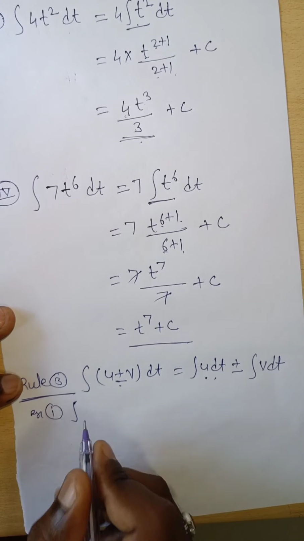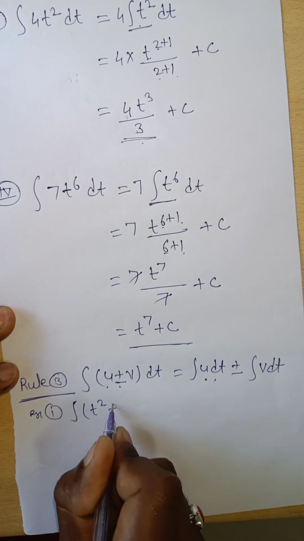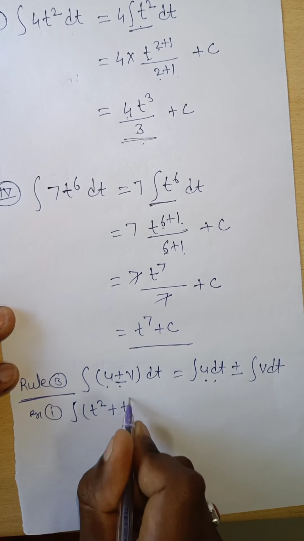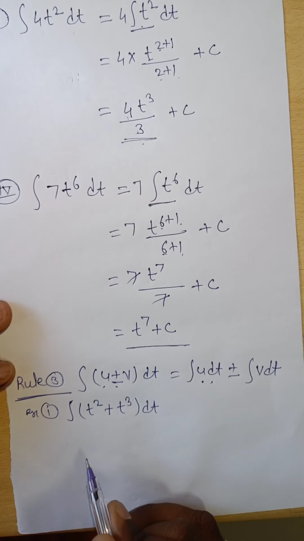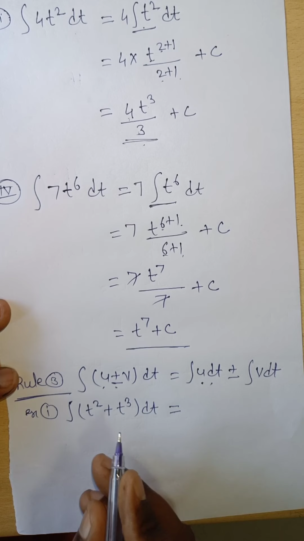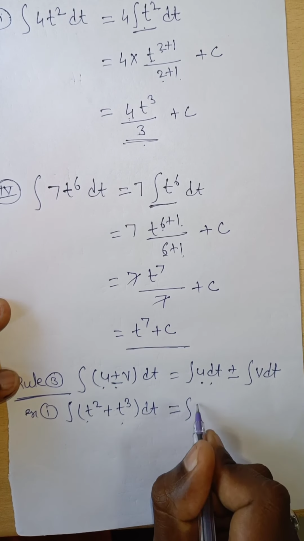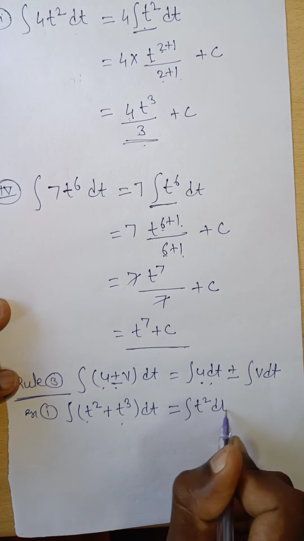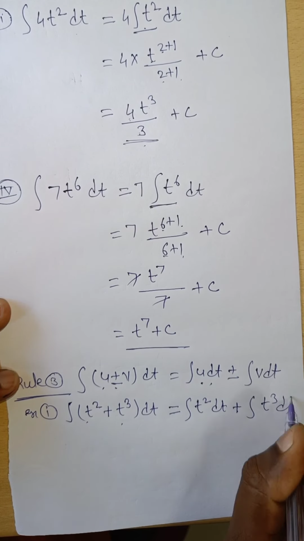Suppose we have to take the first function t square plus the second function t cube into dt. Now integration of t square plus t cube into dt is equal to integration of t square into dt plus integration of t cube into dt.